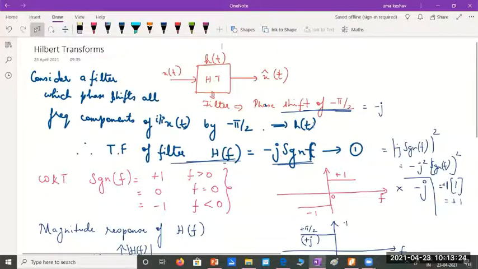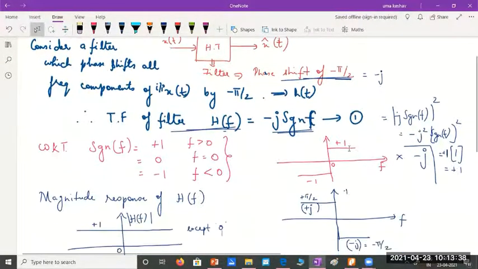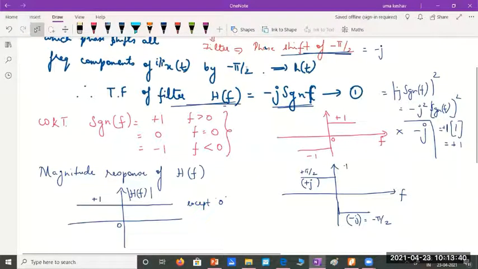And since I need a phase shift of -π/2 or -j, I will multiply this signum function with -j. Then I will get the required phase change which we need. So we need a phase change of -π/2. And when this happens, h of f will be defined by this kind of function.